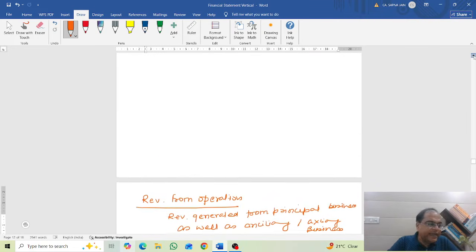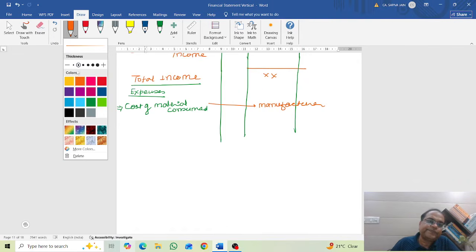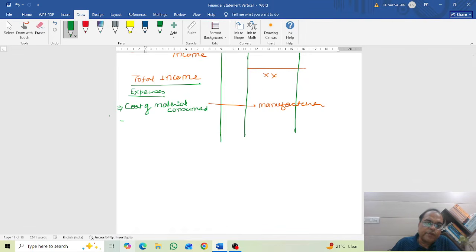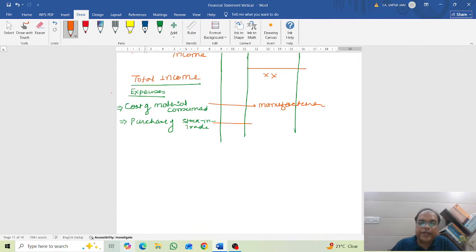Now the second item is purchase of stock in trade. Now the question is, who will calculate purchase of stock in trade?